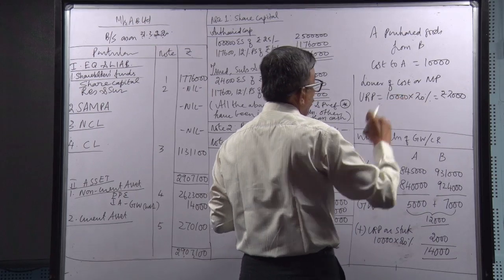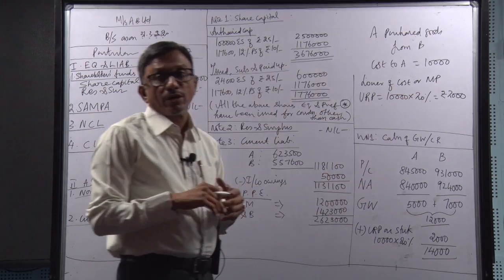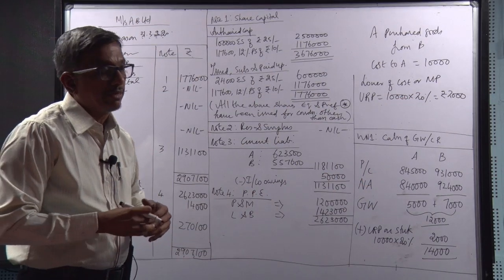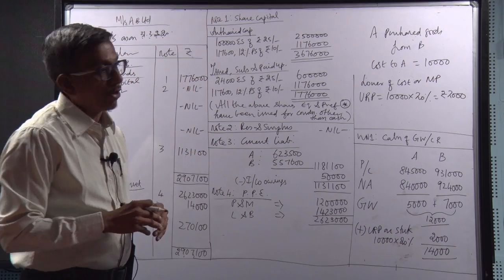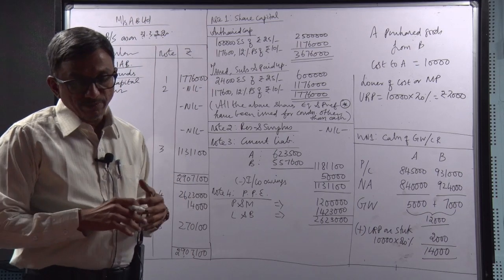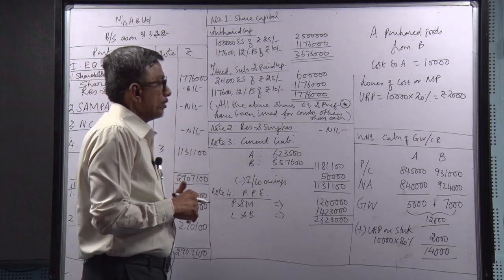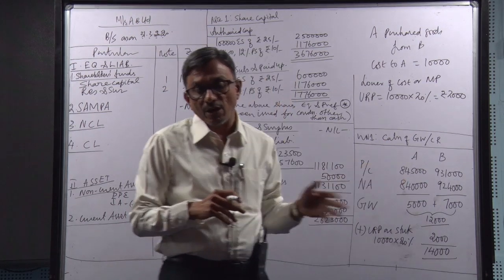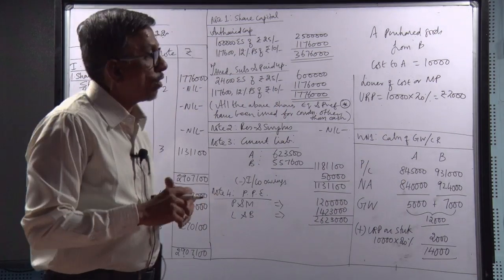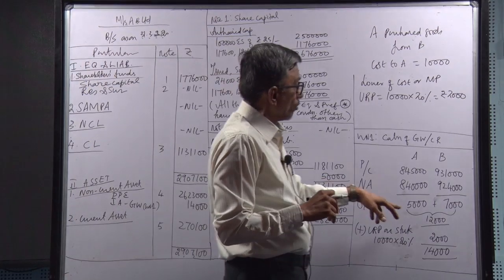When you reduce from stock, you have to credit the stock account. What is the corresponding debit? In case of amalgamation in the nature of purchase, you have to debit that to goodwill account. Suppose you got capital reserve on account of this, you have to debit the capital reserve account. In this problem, already you got 12,000 rupees of goodwill.